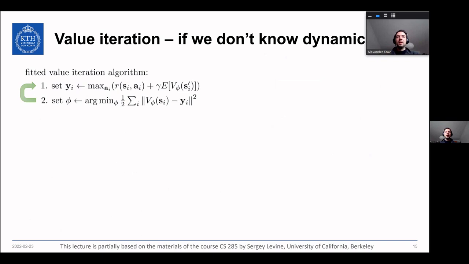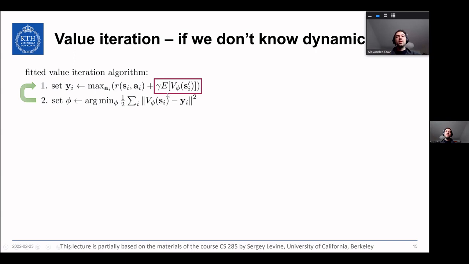But again, all of this implies that we know the dynamics, because by knowing the dynamics, we know what the next state is. So this is the fitted value iteration algorithm that we just discussed. If you look at where we use the dynamics, the first place is looking at what the next state is, so to know that we need to know the dynamics.